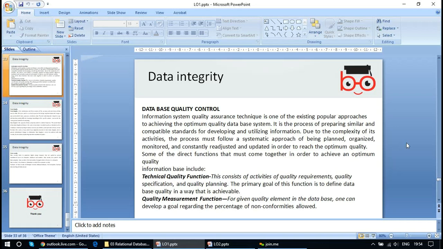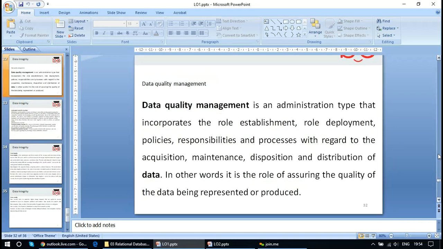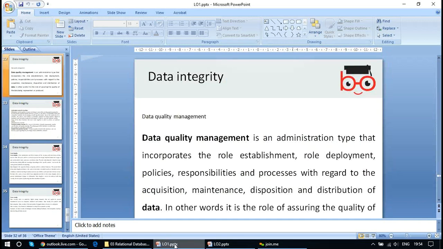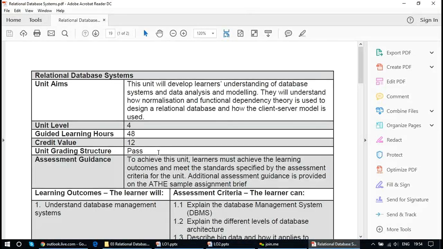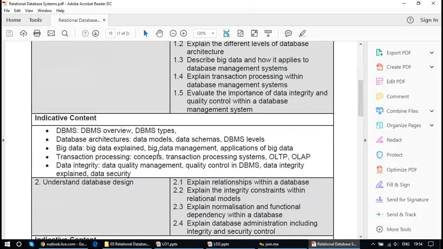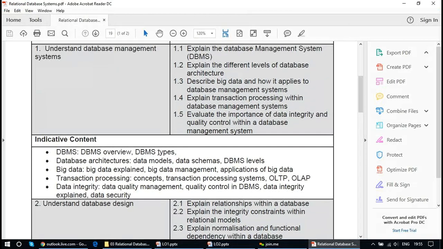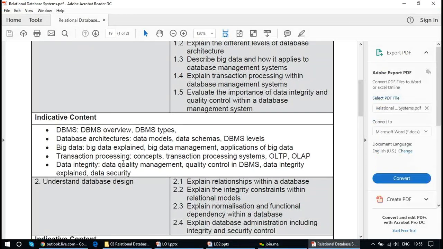Basically, this is again a kind of random topic. I'm sorry, it's not my wish to take random topics. But the course providers have given such random topics like database management system, architectures, big data, transaction processing, data integrity, and these things. So that's why I'm just giving the highlights.